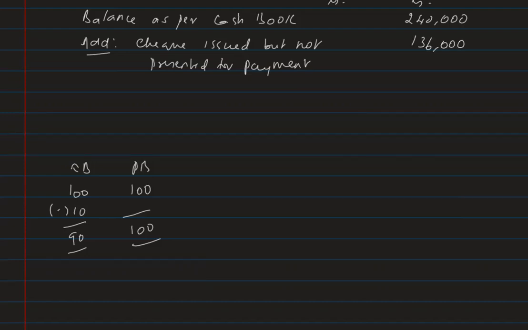Secondly, check deposited in bank but not credited. Similar treatment. Assume cash book balance and passbook balance were the same, and when you deposit a check, your first point of entry is in cash book. Your cash book balance becomes 110, whereas your passbook balance is at 100. So you need to match it. Your starting point is cash book, so what should you do in cash book to match it? Less.